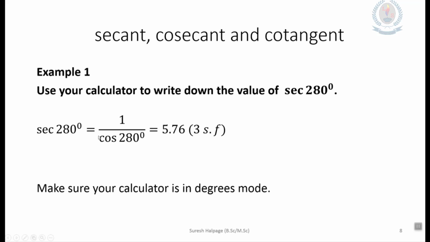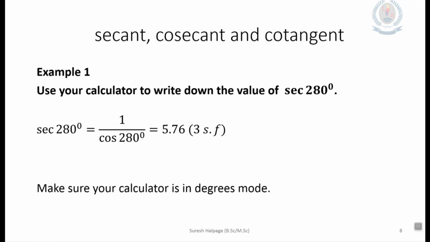Sec theta is identical to 1 over cos theta. Sec 280 equals 1 divided by cos 280.